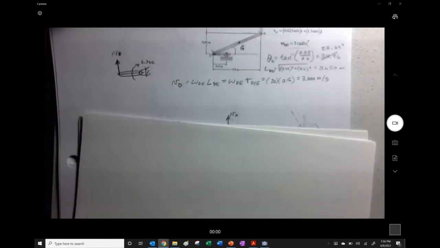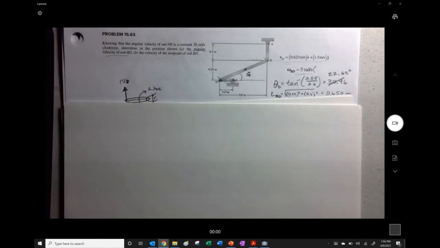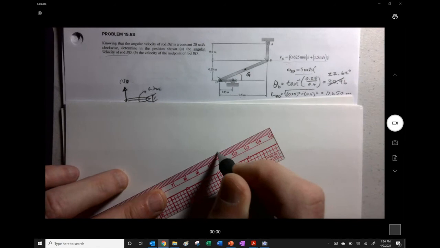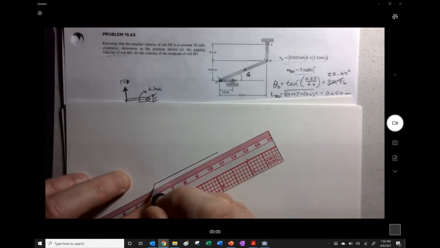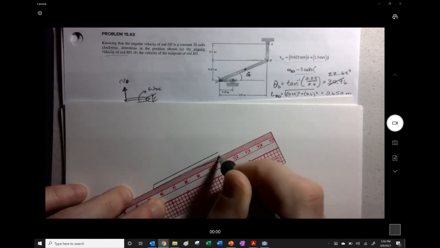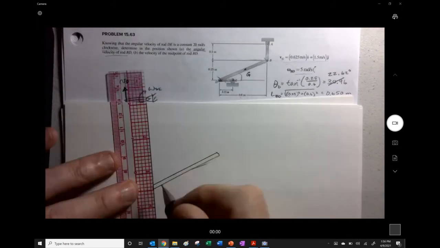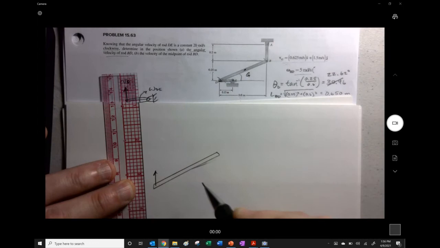But now we also want to be able to do this in ICR, right? So in ICR, this is actually a pretty easy one to do. Because we look at velocities and we know this velocity is that direction.